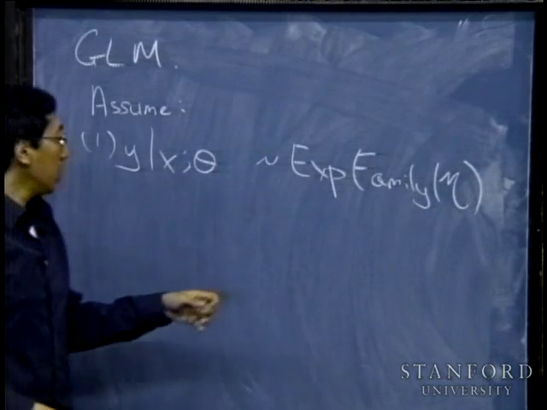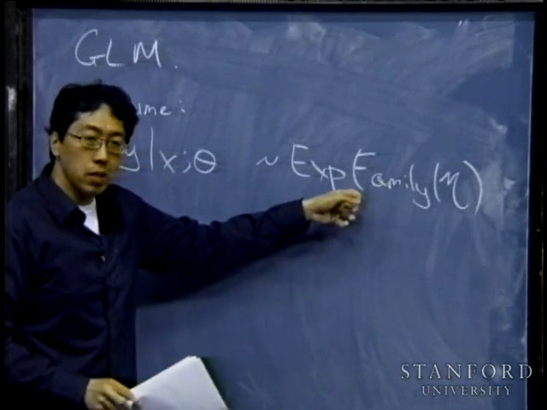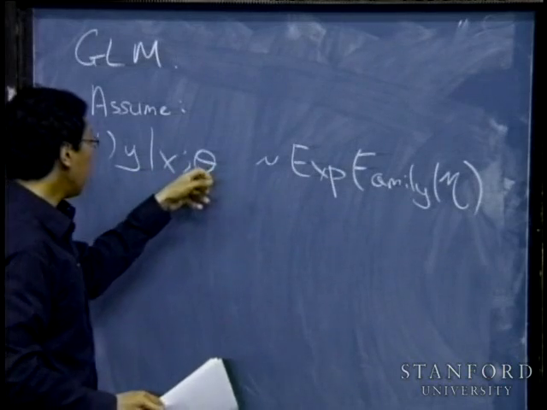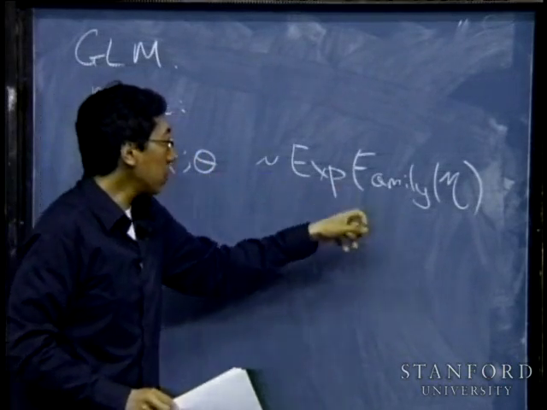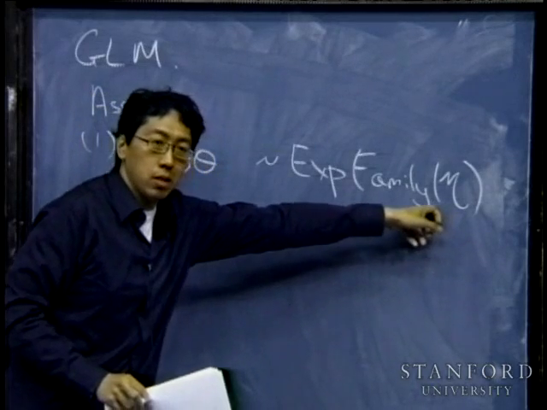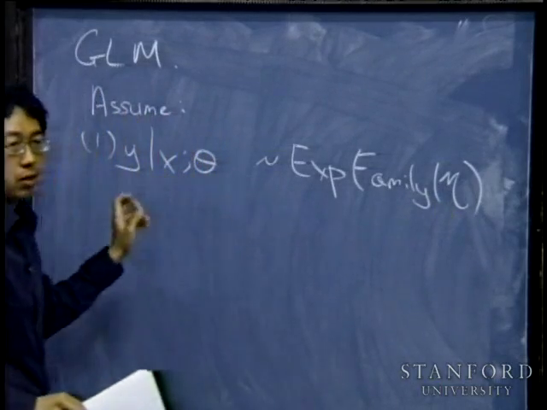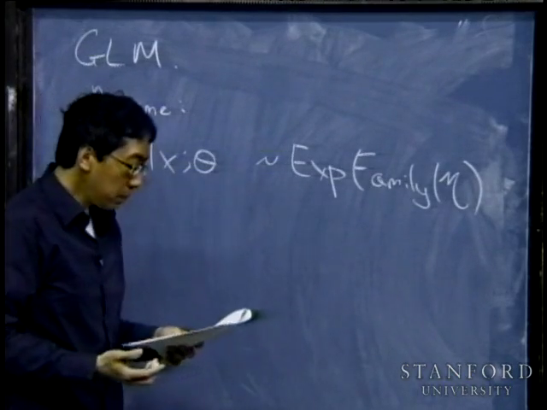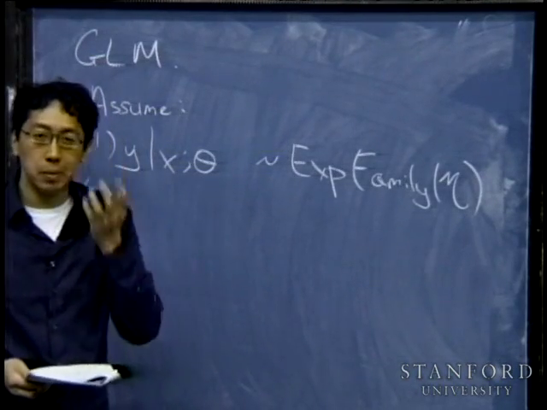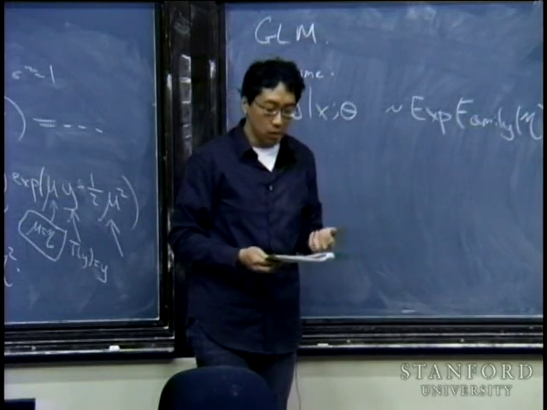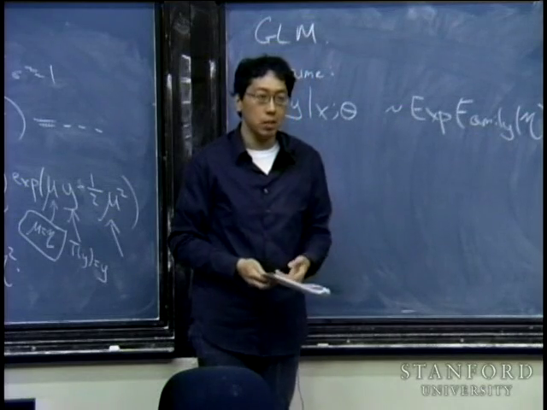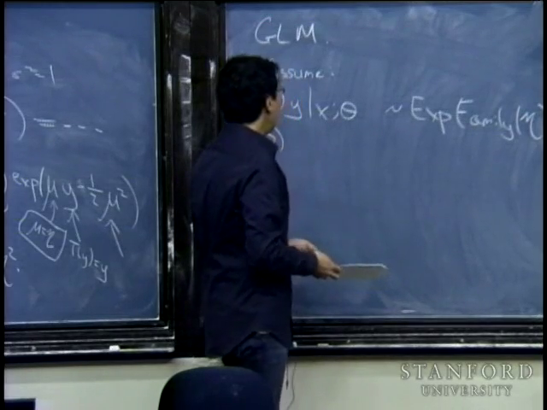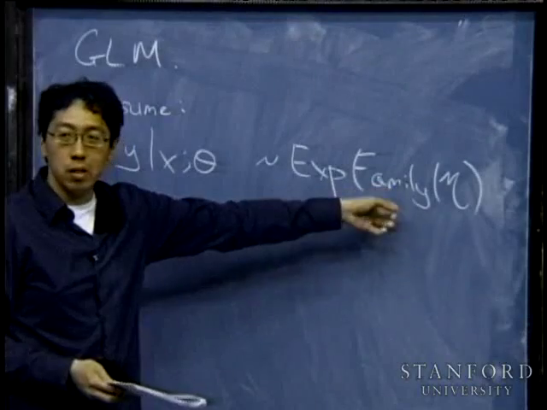This means that there is some specific choice of those functions a, b, and t, so that the conditional distribution of y given x and parameterized by theta is exponential family with parameter eta, where eta may depend on x in some way. So for example, if you want to predict how many customers will arrive at your website, you may choose to model the number of hits on your website via a Poisson distribution, since the Poisson distribution is natural for modeling count data. And so you may choose the exponential family distribution here to be the Poisson distribution.